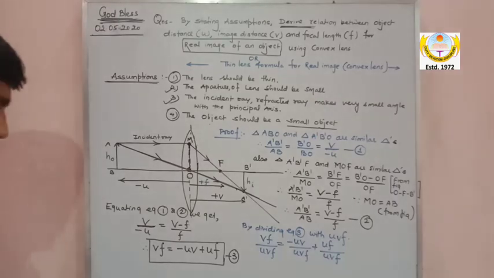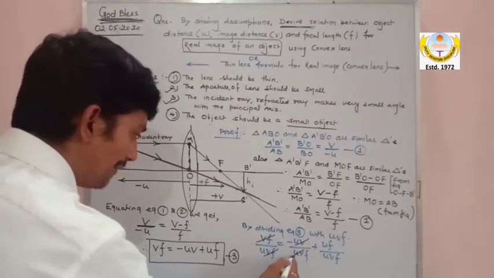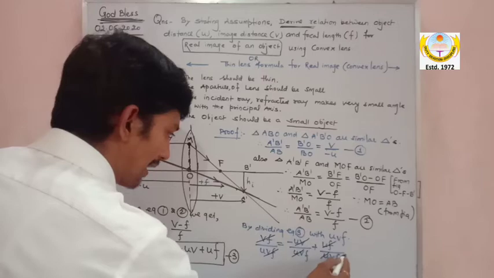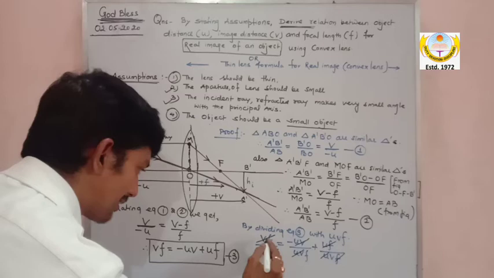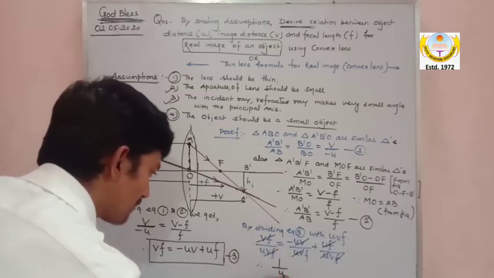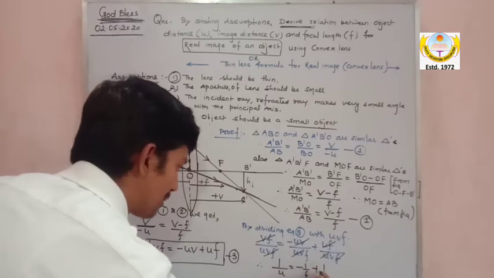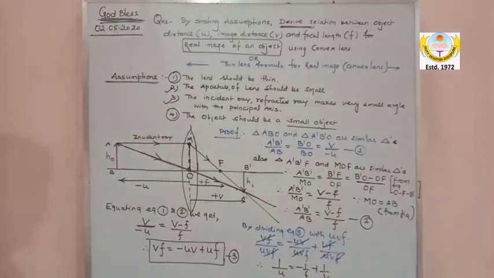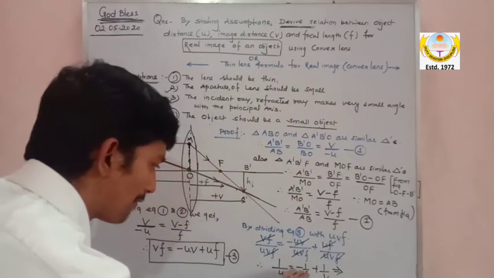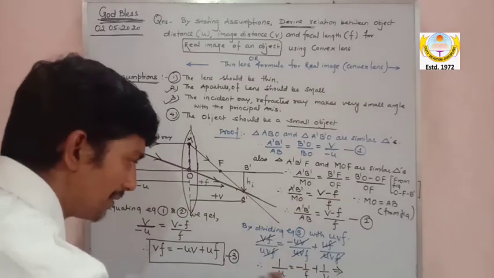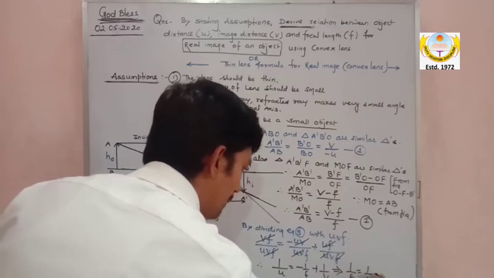So here I hope you are understanding what you are getting. VF cancel, UV and UV will cancel, UF and UF will cancel. So here the answer will be, therefore, 1 upon U is equal to minus 1 upon F plus 1 upon V. You can see, this can be written as, my dear, I have taken 1 upon F on this side, therefore 1 upon F is equal to 1 upon V minus 1 upon U.